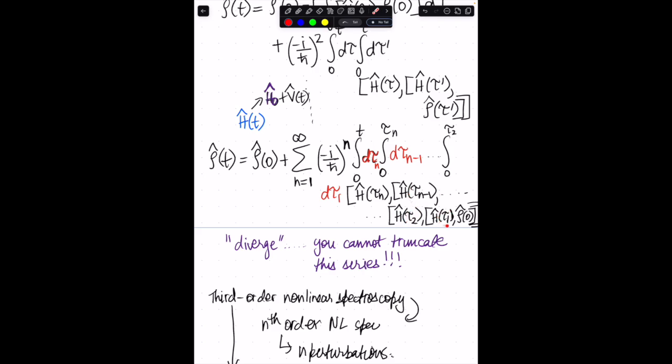But if we consider only the perturbations, which are V, we can truncate this series and a solution exists because then your series would converge.